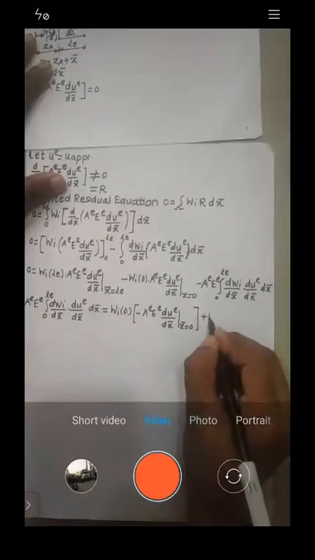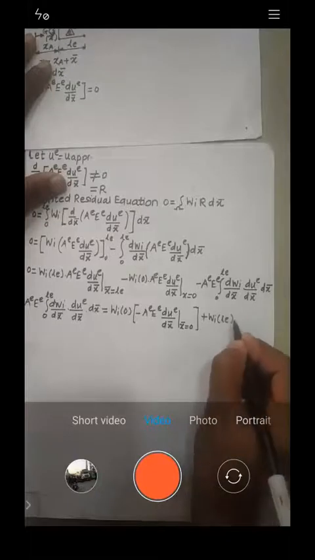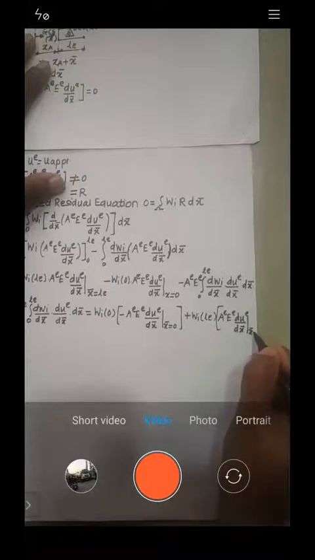Is it okay or not? And this value plus WI LE and this value AE EE dUE by dx bar when x bar is equal to LE.